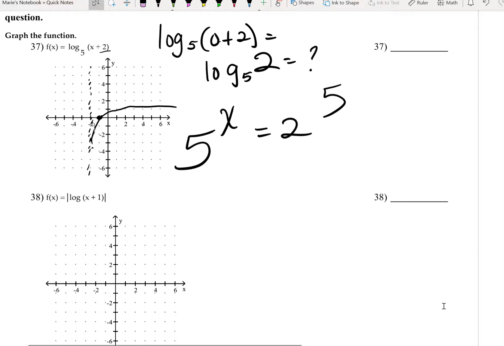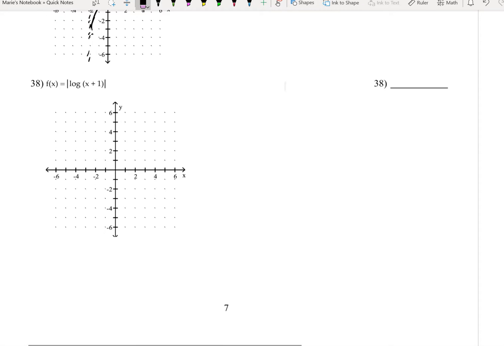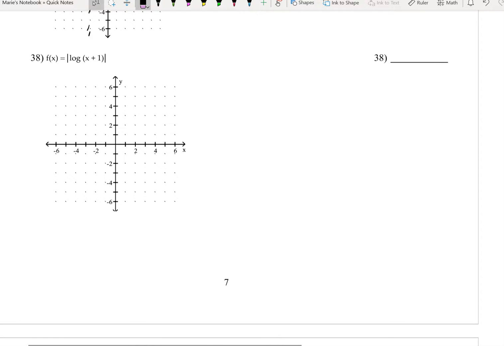Alright, it's a little quirky. Let me erase this. And this is plug and play. Just once you get 1 or 2 points, that should be sufficient. Okay, so for 38 we have a little bit of a different function here. For 38 we have a graph that is going to look something like this, because it's a log of a positive.